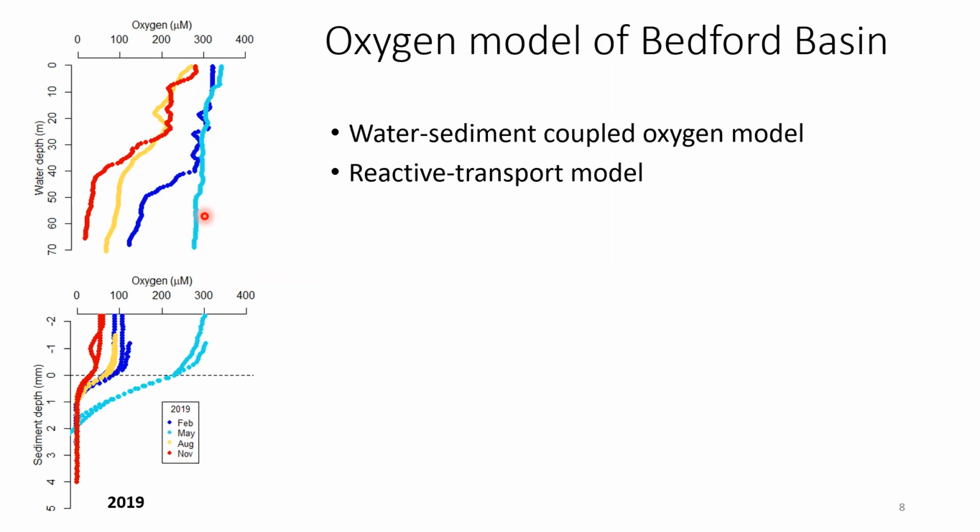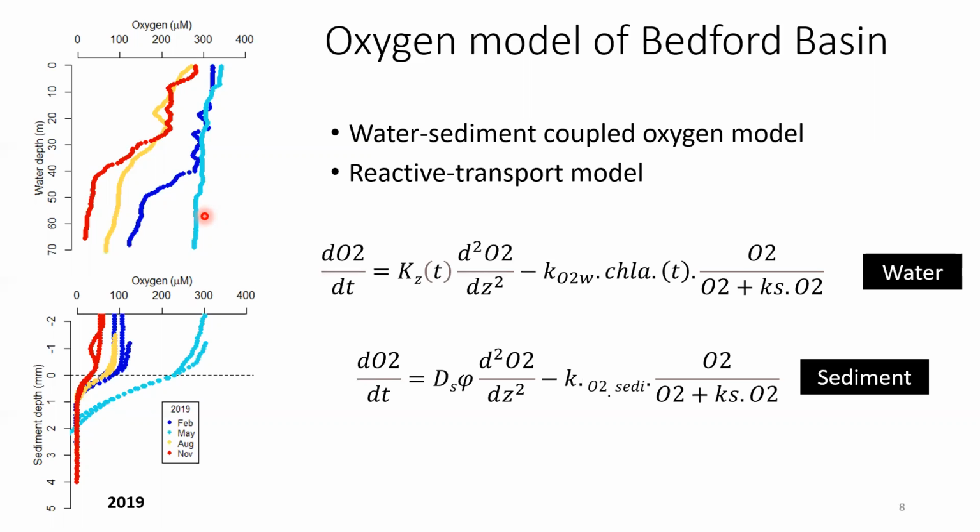We want to develop a coupled water-sediment oxygen model, so we approached this problem with a reactive transport model. These are the two basic equations that we will be using: this one is for water and this one is for sediment. The first term is the transport term, and the second term is the consumption term.